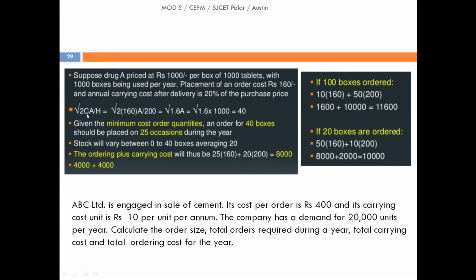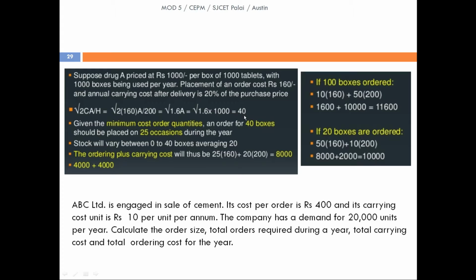If you take into consideration the above equation, which is same as under root 2AP divided by S, which is also written as under root 2CA divided by H, we can write it as under root 2 into 160. 160 is nothing but the ordering cost, and the ordering cost multiplied by the demand, which is 1000, divided by 20% of the purchase price, which is the carrying cost, given as 200.